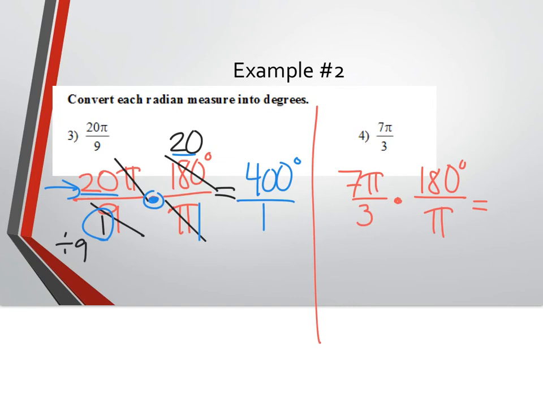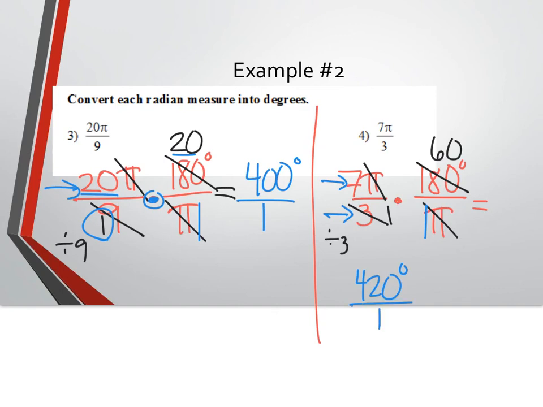And I'm going to do some canceling to start with. Pi is gone. 3 won't go into 7, but 3 and 180 are both divisible by 3. So I'm going to divide by 3, cross canceling here. 3 goes into 3 once, 3 goes into 180 60 times, and now I'm ready to multiply straight across the top and straight across the bottom. 7 times 60 on the top, and the degree symbol is there. 1 times nothing, which means 1. 1 times 1 on the bottom, 420 degrees.